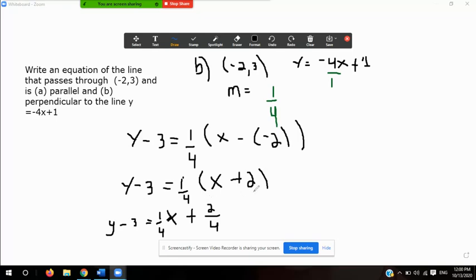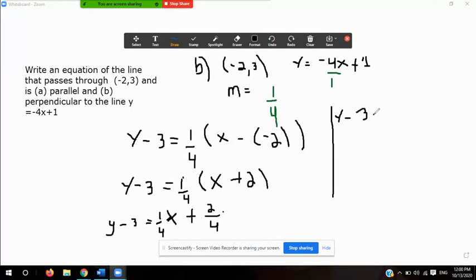Now, I can reduce this fraction and actually turn it into 1/2. I'm going to see if I can do it on this side, and hopefully I have enough space. So if I can reduce that fraction, I'm going to turn that into y minus 3. Again, I'm just doing this extra step so you guys know what's happening.